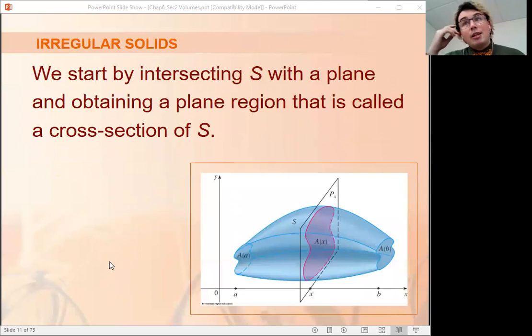Now, the problem we want to address here is finding volumes of solids that aren't so nice. So here I have a very horrible looking loaf of bread. It's blue, it's sort of risen unevenly in the middle there. The claim is that we can solve for the volume of this solid using calculus. My idea here is that this solid is sitting above the x-axis.